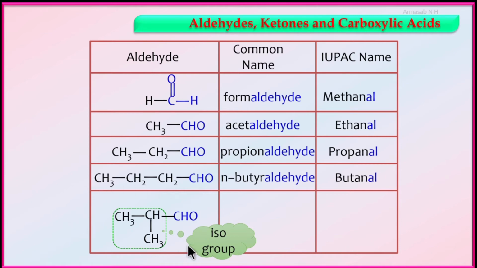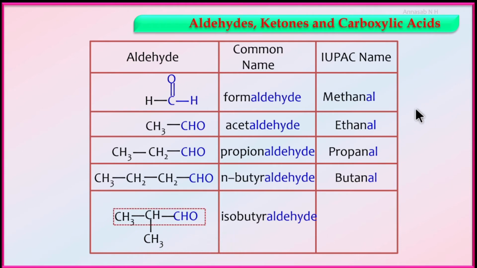And as the total number of carbon atoms is 4, the common name is isobutyraldehyde, whereas in the IUPAC system it is a 3 carbon parent chain with CH3 as a branch. So the IUPAC name for this compound is 2-methylpropanal.